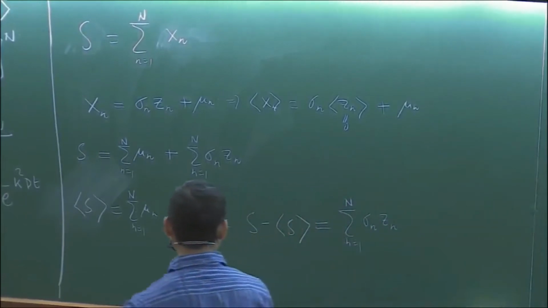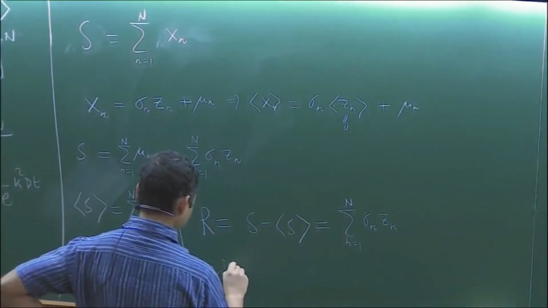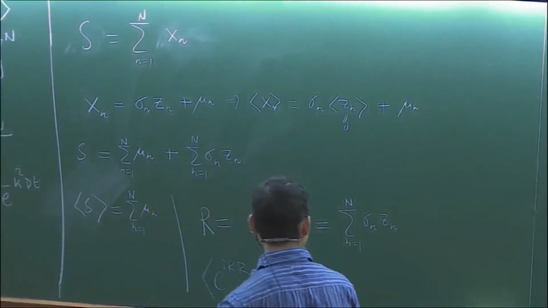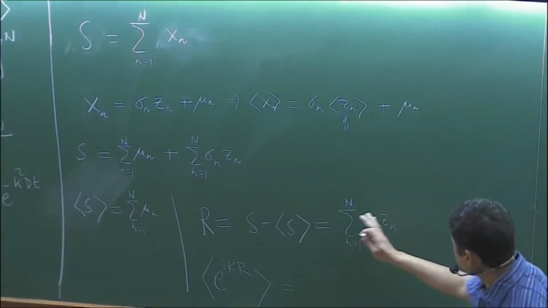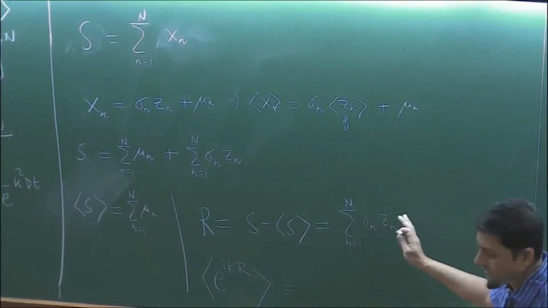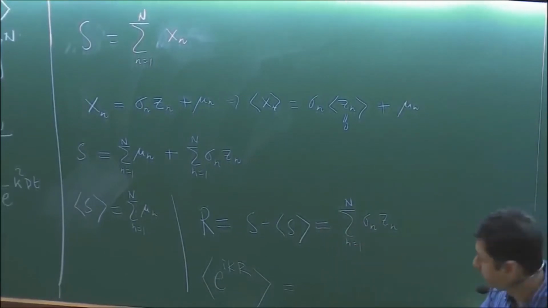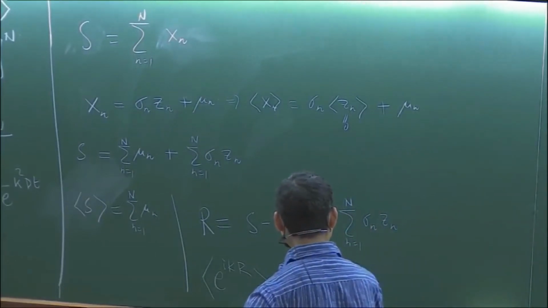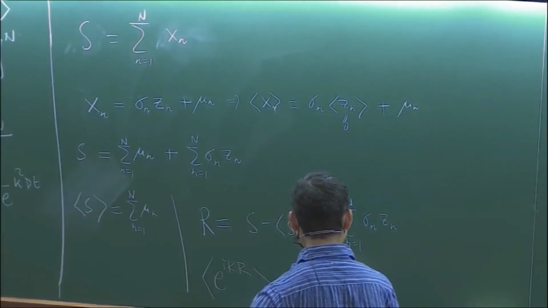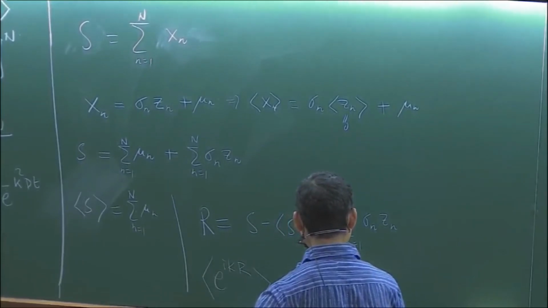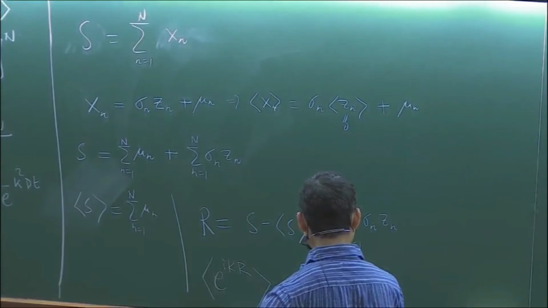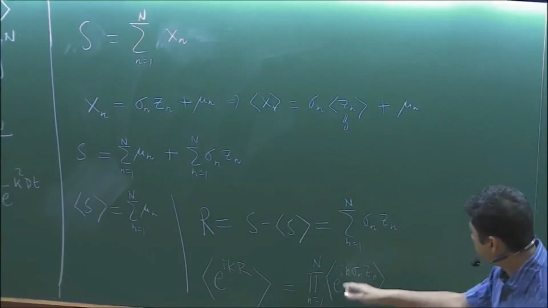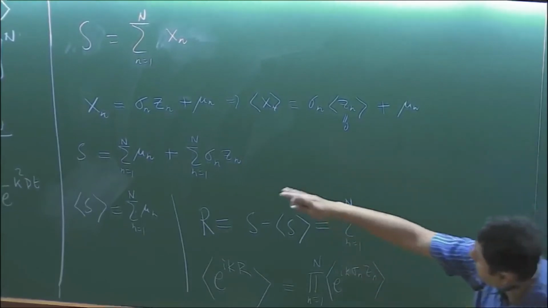You can immediately see that if you compute the expectation of e to the power i k R, this time these terms are not identical, but they are still independent. So there will be a product of n of them, from 1 to n, of e to the power i k sigma n Z. But this object we have already computed.